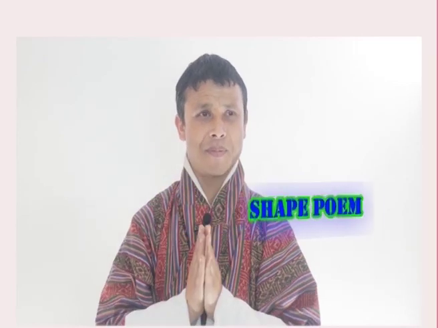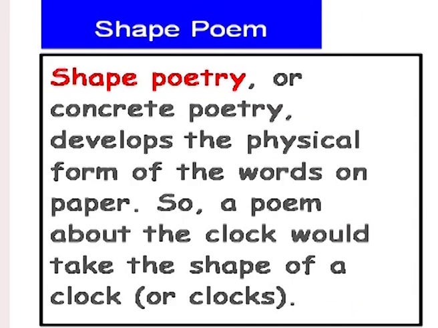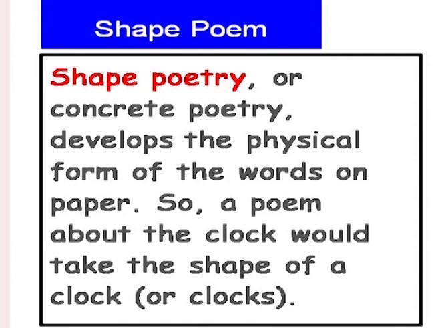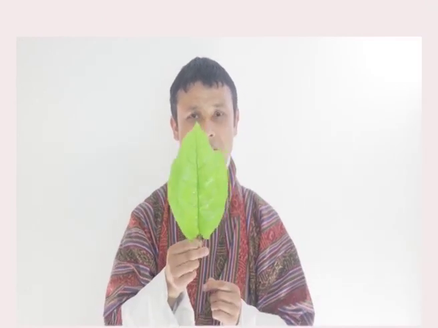What is a shape poem? It is a concrete poetry which develops the physical form of the words on paper. If someone wants to write about the leaf, the poetry can take the shape of the leaf.